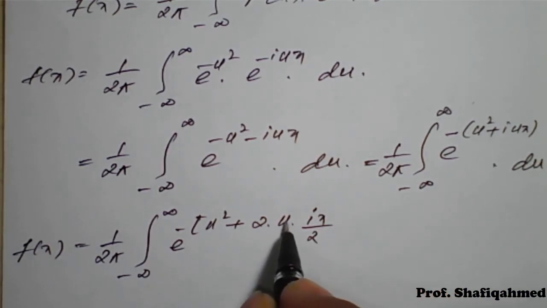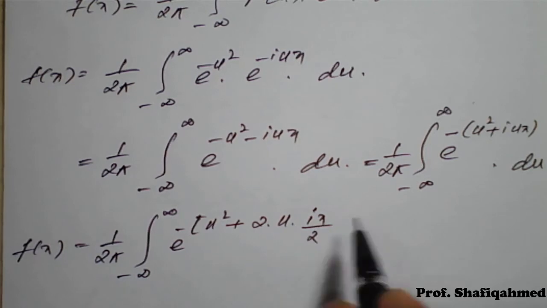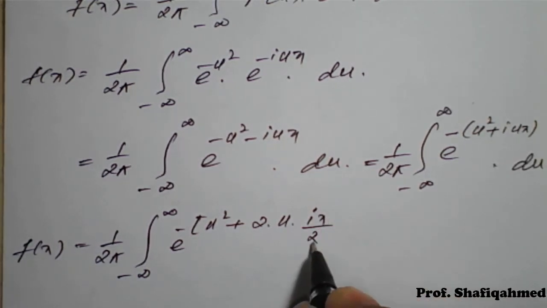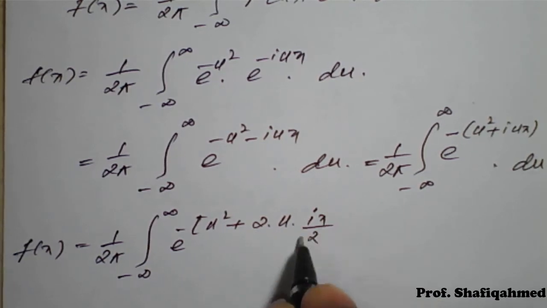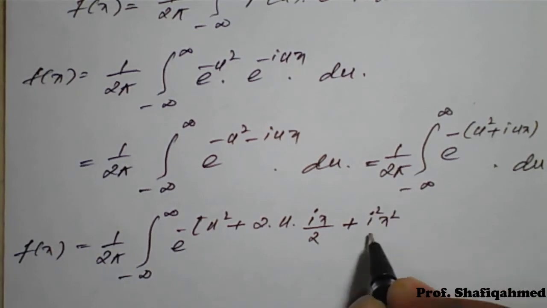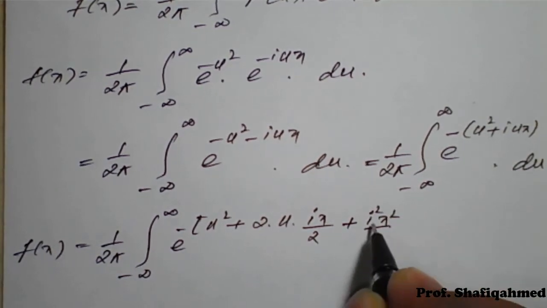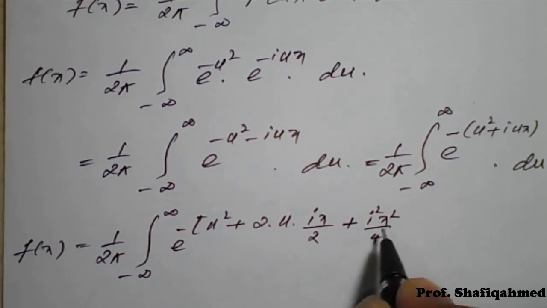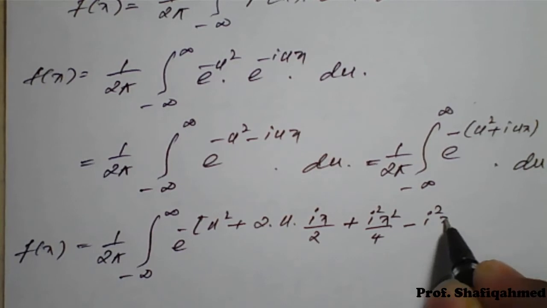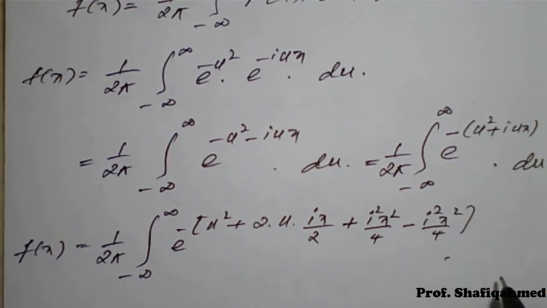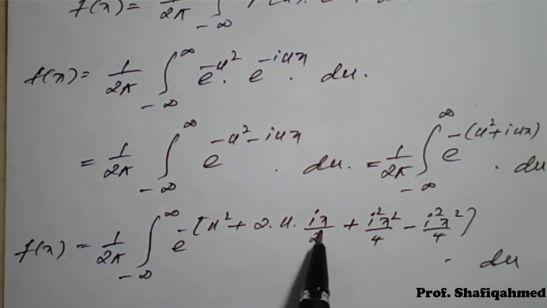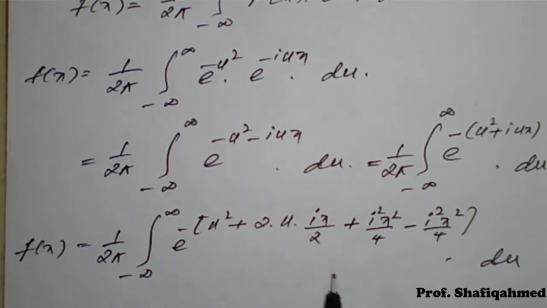So the 2 cancels and we get back i u x. So this is i x upon 2, because 2ab, this is our b, plus i square x square upon 4. We add i square x square upon 4, and because we add as well as subtract, minus i square x square upon 4 into du.